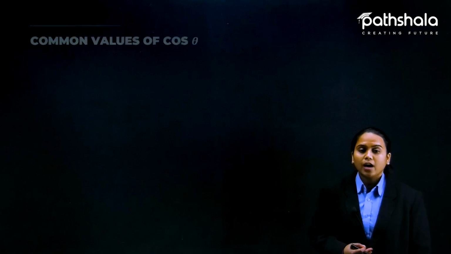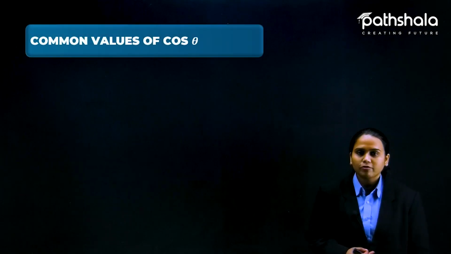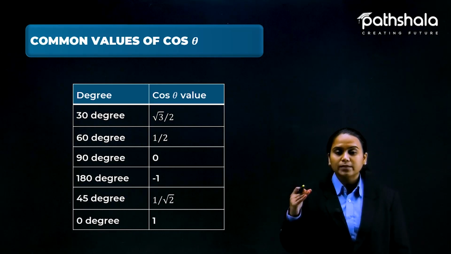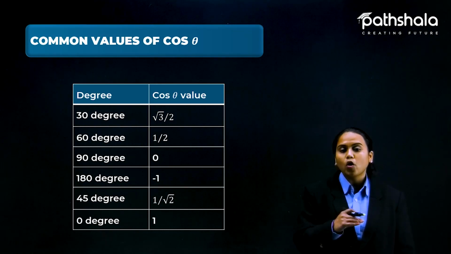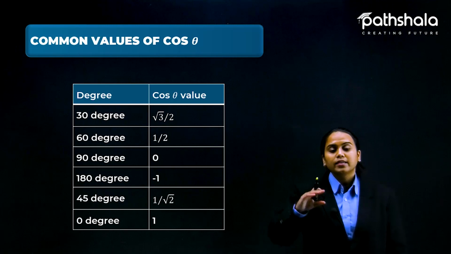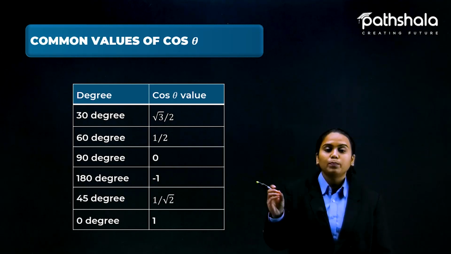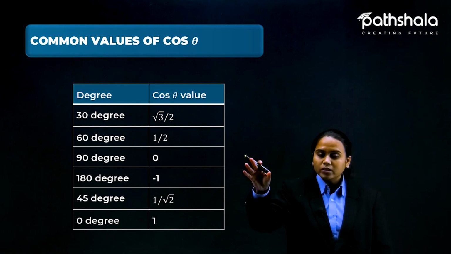Students, for making the calculation part easy, now we need to check common values of cos theta. As you know, if the force is making a certain angle with the motion of the object, that angle has a certain value, and that is considered as a part of cos theta.